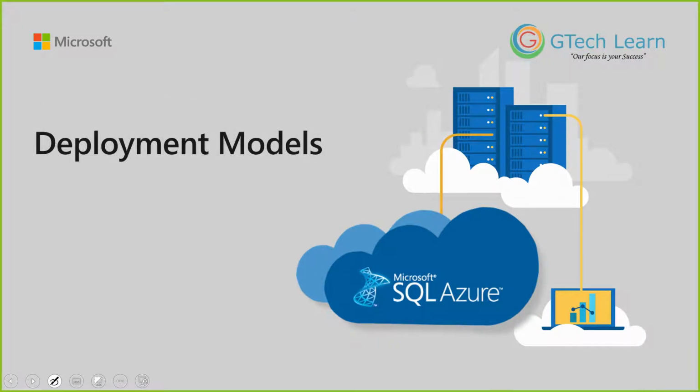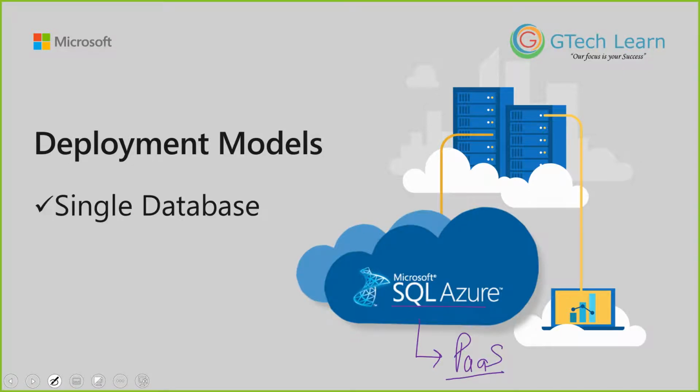So let's talk about some of the deployment models. We are still talking about Azure SQL, my platform as a service deployment. I can go with a single database deployment. This is a largely used approach, ideally recommended when you want a database with dedicated compute and storage. I can go with the elastic pool mechanism as well.